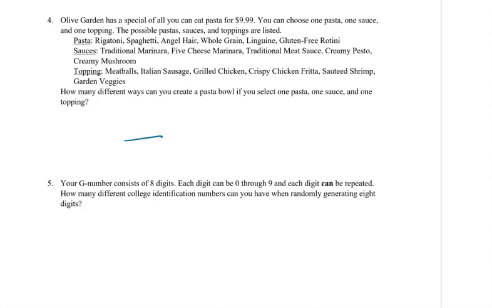Okay, so again, just like before, we're selecting 3 things. We're selecting a pasta, a sauce, and a topping. So how many possibilities do we have for each? Well, for pasta, there are 1, 2, 3, 4, 5, 6 possibilities.